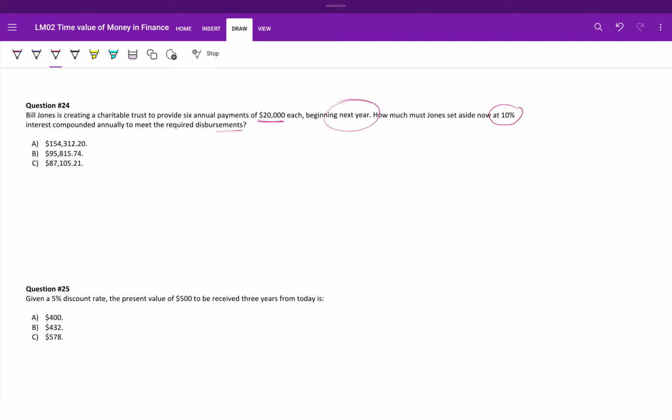What the question is asking is for you to compute the present value. He's going to make six annual payments. PMT is given as 20,000.